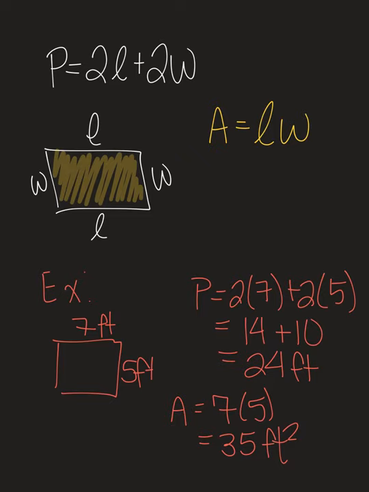Now let's move into a triangle. So if I'm looking at a triangle, I'm going to call these sides A, B, and C. And I'm going to drop down a perpendicular and call that my H, or height.